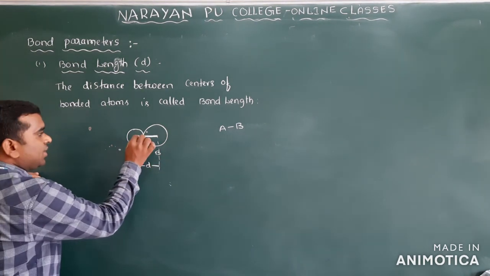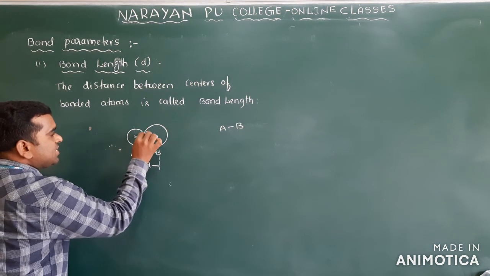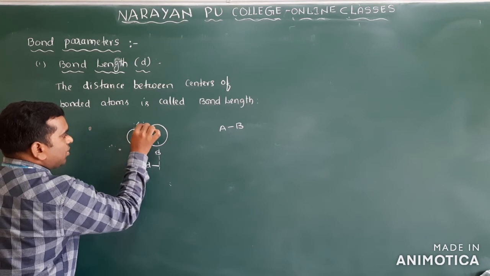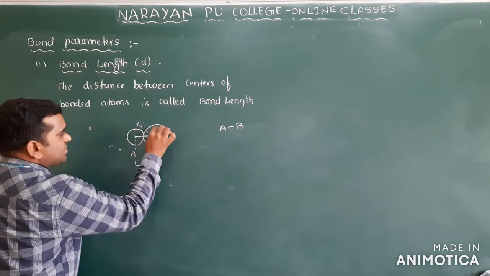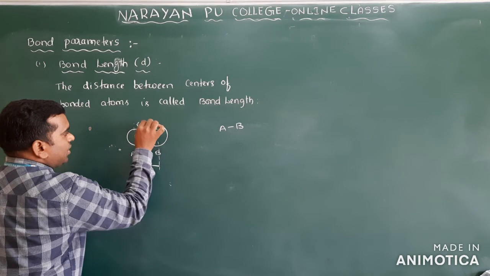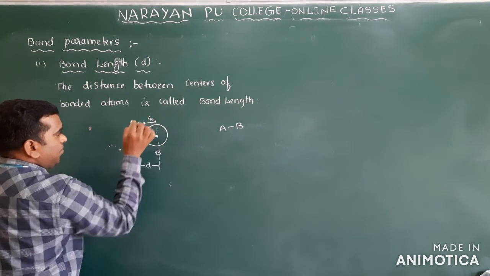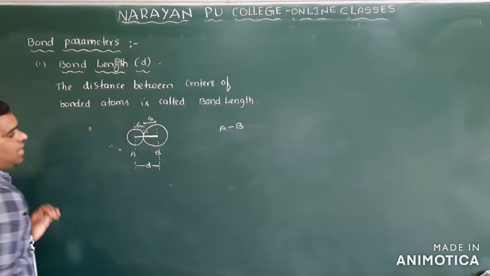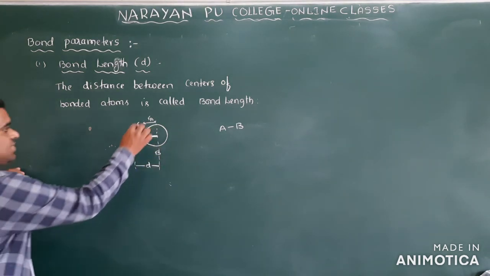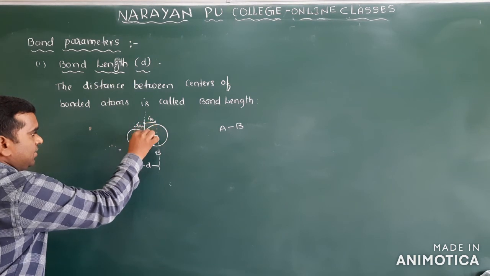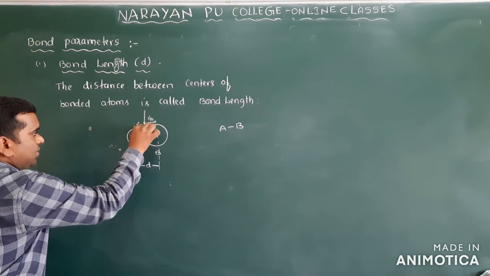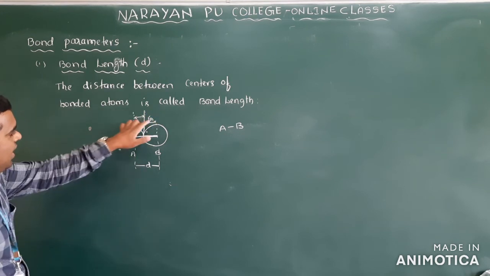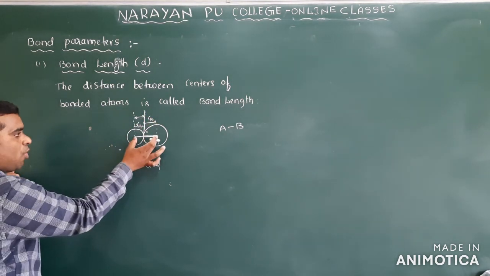If you take bond radius, this is the radius of atom A, and this is the radius of atom B. This is the radius of A and radius of B. Now this is the bond length. Clear?